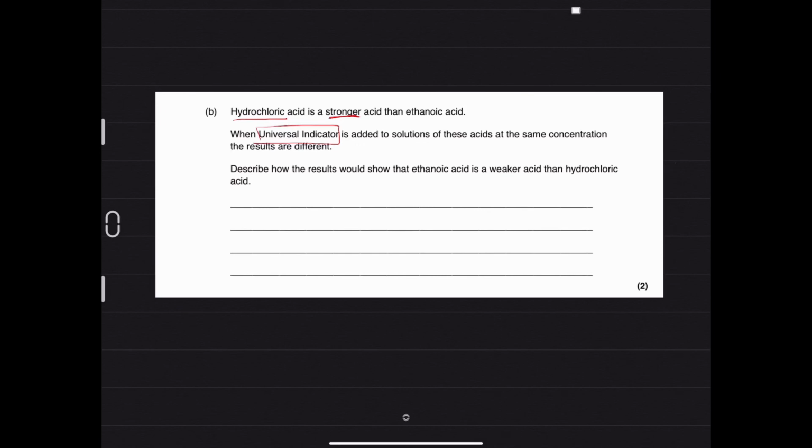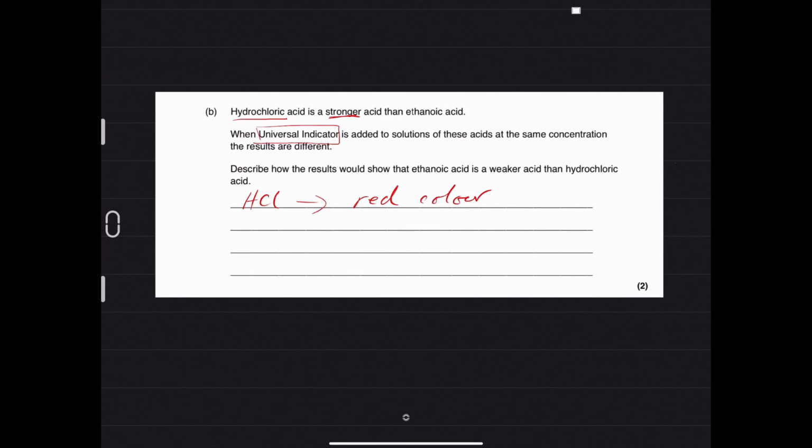Now, hydrochloric acid, we've been told, is a stronger acid. So we can say that HCl would give a red color, a dark red, or dark orange you could say, but red would be better because it's at the lower end of the pH spectrum. Ethanoic acid has been told it is a weaker acid. It's weaker in comparison to hydrochloric acid.